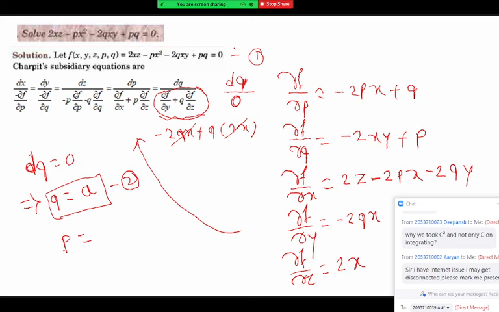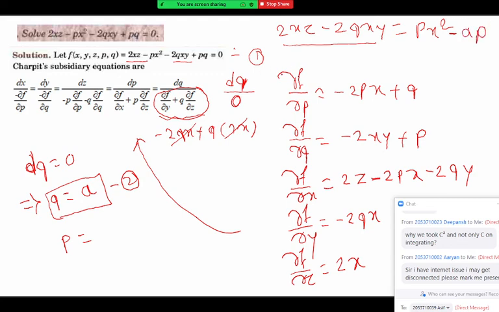Because if you replace here, 2xz minus px square, let me write the terms of p on the other side. So 2xz minus 2qxy is equal to px square, taken on the other side, and pq is there, but q is a, so minus ap.